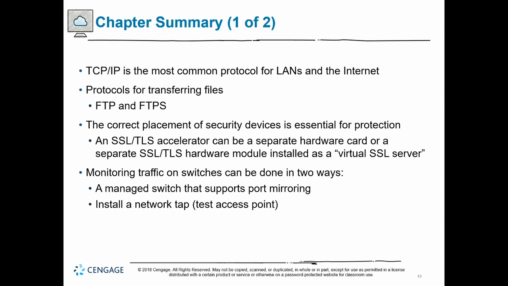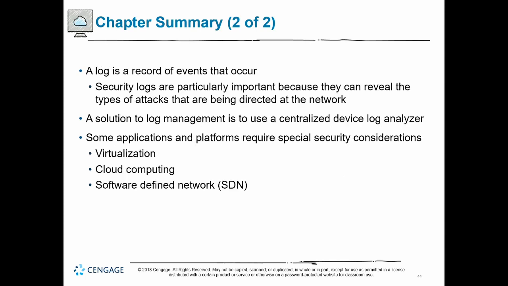Monitoring traffic on switches can be done two ways: either port mirroring or installing a network tap. A log is a record of an event that occurs, and a solution to log management is to use a centralized device log analyzer like a SIEM. And some application platforms require special security considerations, specifically virtualization, cloud, and SDN, which are all new technologies.